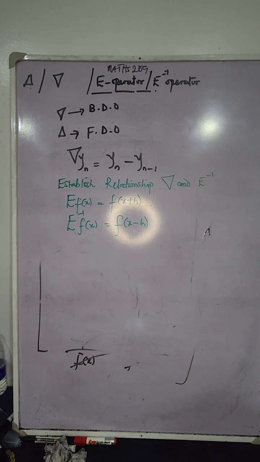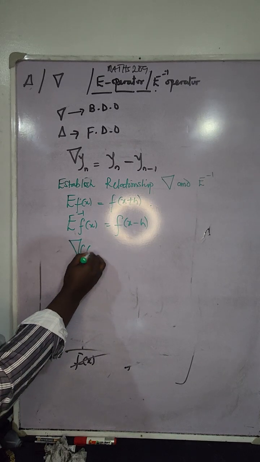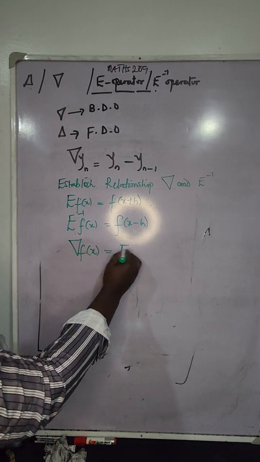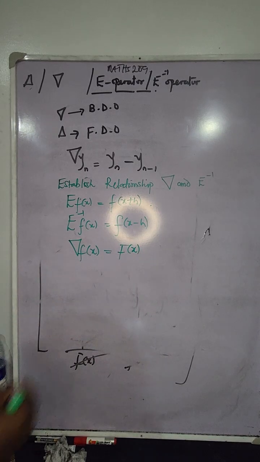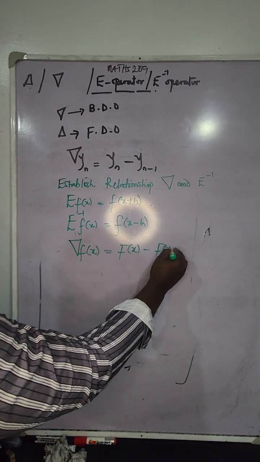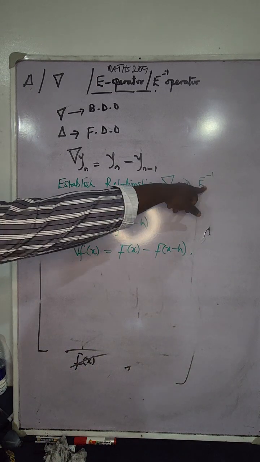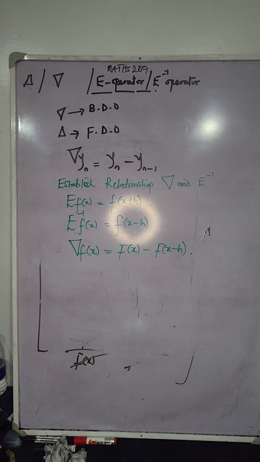Are you clear on that? And so the backward difference of f of x is where we are right now, f of x itself, minus f of x minus h. The relationship that exists between the backward difference and the E inverse operator is that.